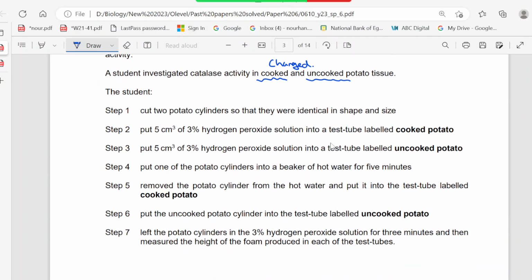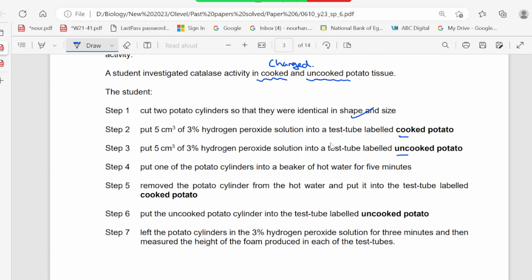So what will we do? The student cuts the two potato cylinders so that they are identical in shape and size. Okay. And then he puts 5 cubic centimeter of 3% hydrogen peroxide into a test tube labeled cooked potato. Put 5 cubic centimeter of 3% hydrogen peroxide into a test tube labeled uncooked potato.